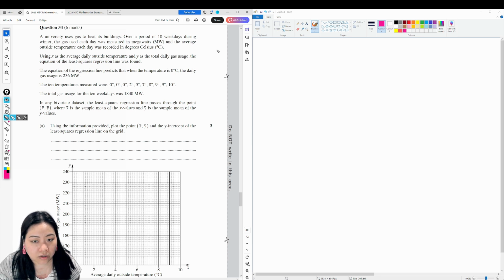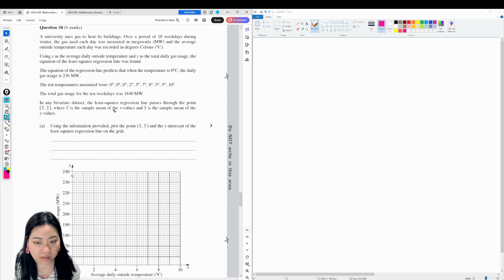The equation of the least squares regression line was found. It predicts that when the temperature is 0 degrees, the daily gas usage is 236 megawatts. The 10 temperatures were these. The total gas usage for the 10 days is that.